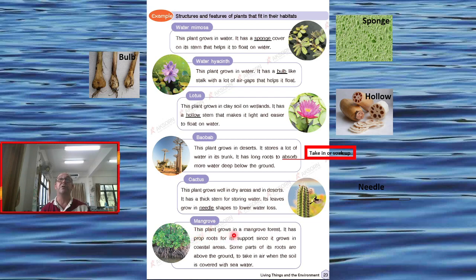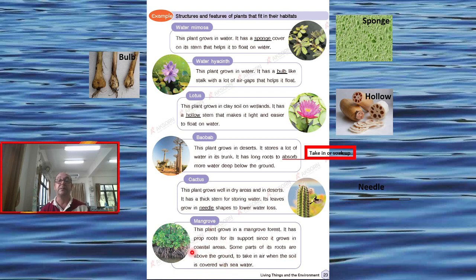This plant grows in a mangrove forest. It has prop roots for its support since it grows in coastal areas. Some parts of its roots are above the ground to take in air when the soil is covered with seawater.